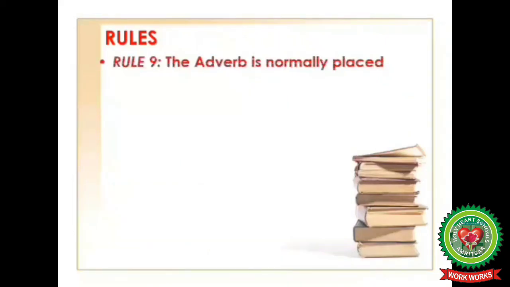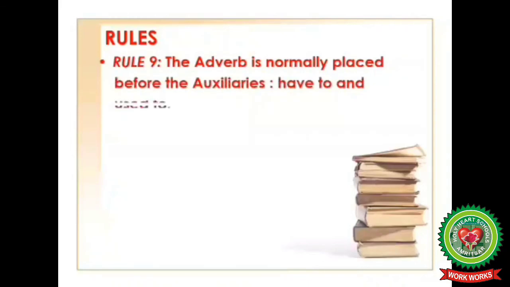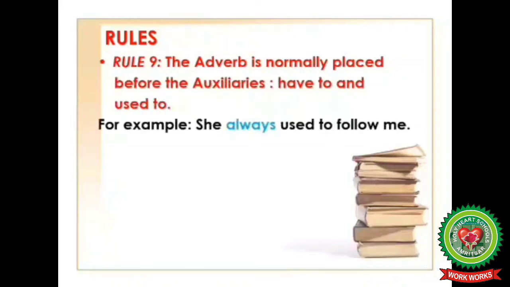Rule number 9. The adverb is normally placed before the auxiliaries have to and used to. Now students, we have already discussed earlier that adverbs usually come after auxiliaries and helping verbs, but only in case of have to and used to, they are placed before the auxiliary verbs have to and used to.